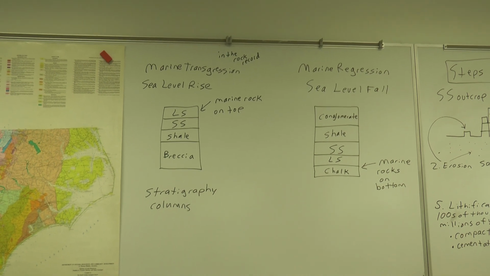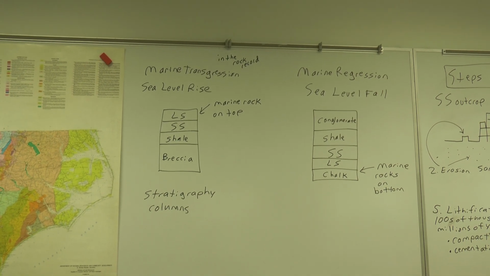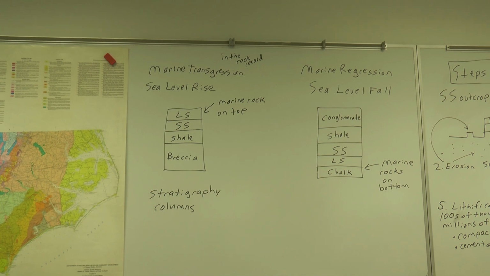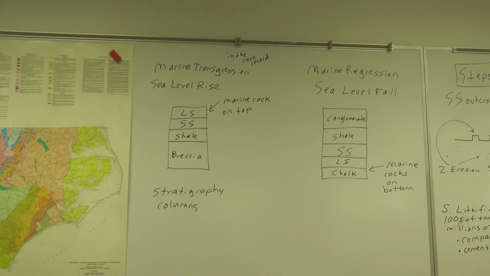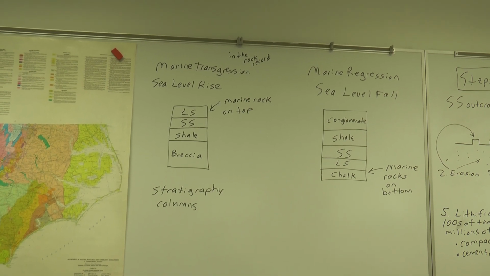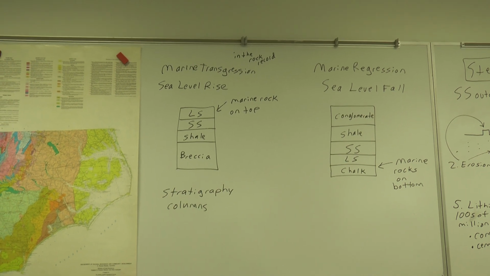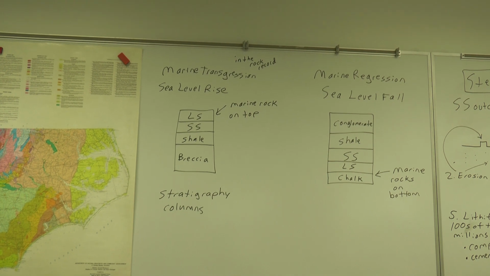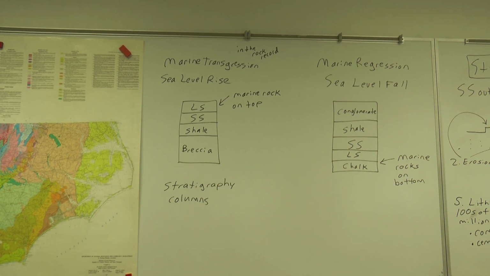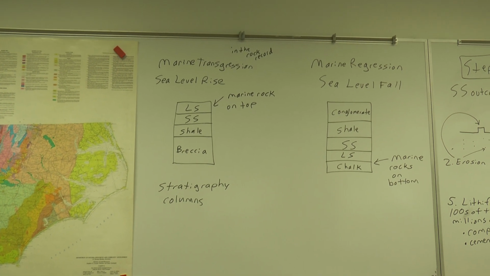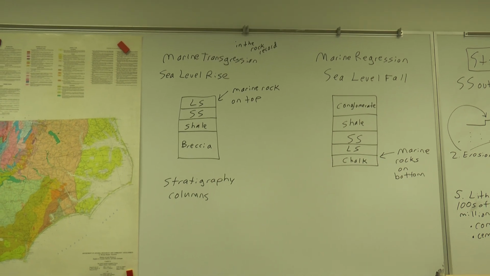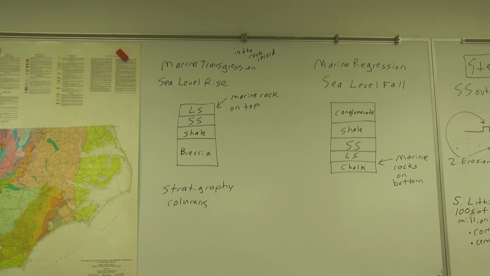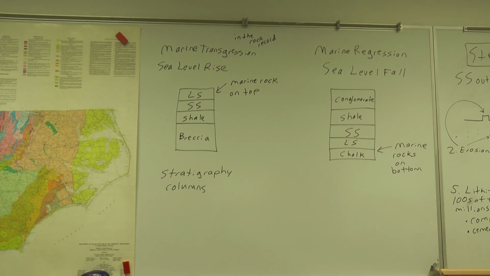You have limestone on top. Limestone is a marine rock, as we mentioned earlier with the Castleton limestone. Below that we have sandstone, say a beach sandstone. Below that we have shale that perhaps was from a meandering river in a coastal plain, like say the Lumber River or the Cape Fear River. And below that we have something called breccia, which is a land-based rock.